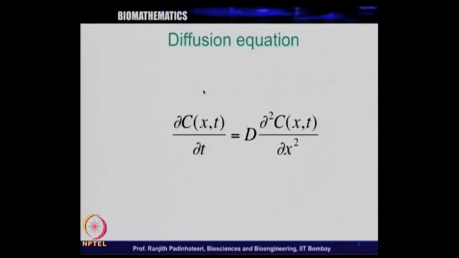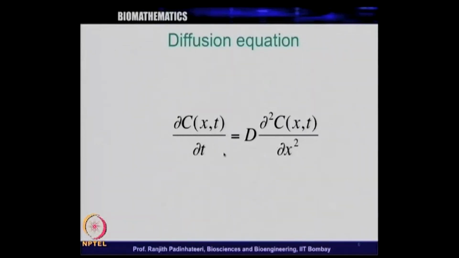The diffusion equation is dc by dt is equal to D del square c by del x square, where c is the concentration as a function of position and time, and by solving this equation we expect to get concentration as a function of position for any time.